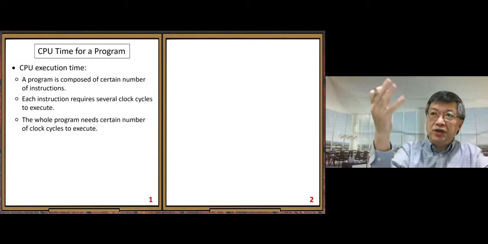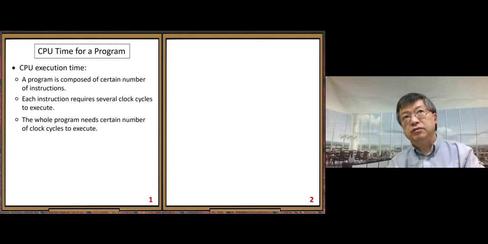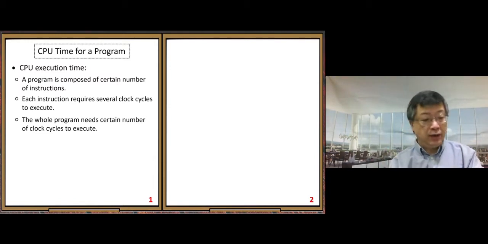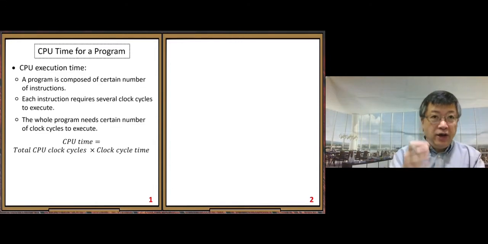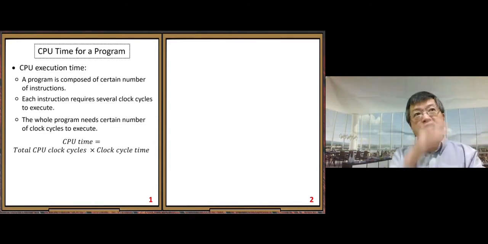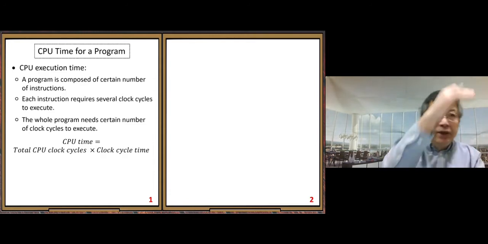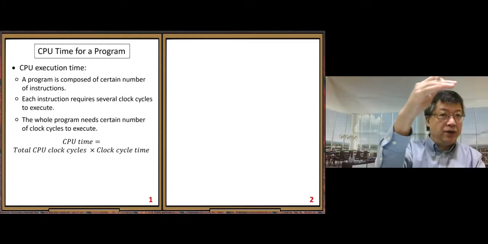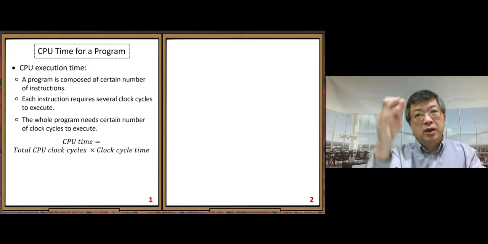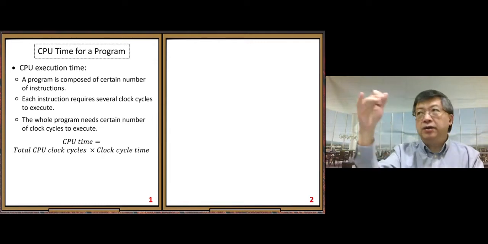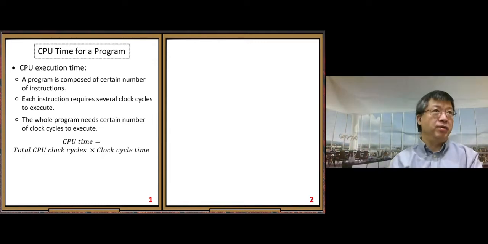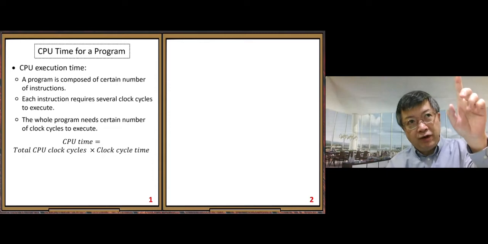So we do multiplication, and we get a final number. Here is the formula: CPU time equals total CPU clock cycles times clock cycle time. That's simple. So that's our first formula.